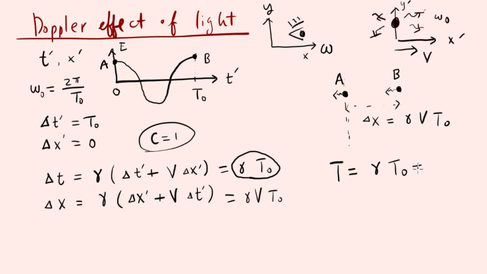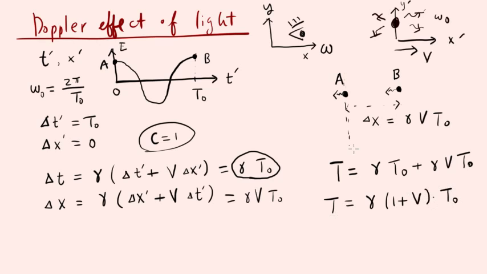So we must wait some more time, which is gamma v t0 divided by c, but now we're using the unit c equals 1, so that's the period that we measure in the unprimed coordinate system. So then this t becomes gamma times 1 plus v of t0.